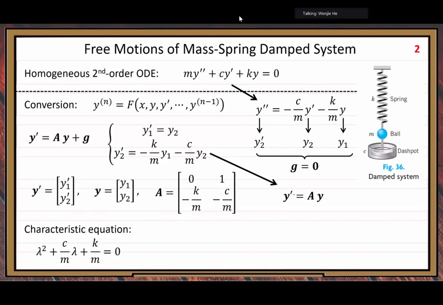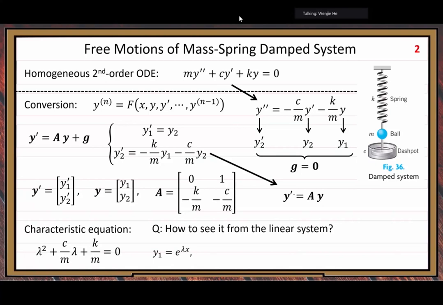That's the characteristic equation. Then we want to get the version in this linear system.